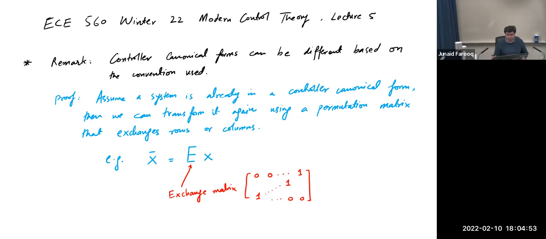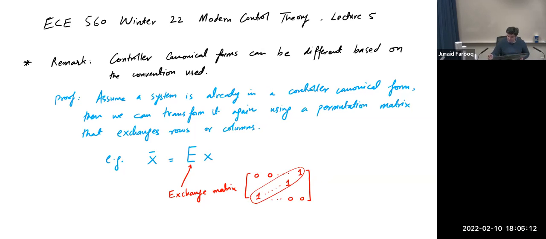It's like an identity matrix, but this diagonal here is all ones.